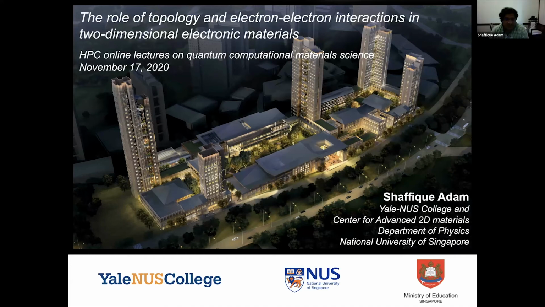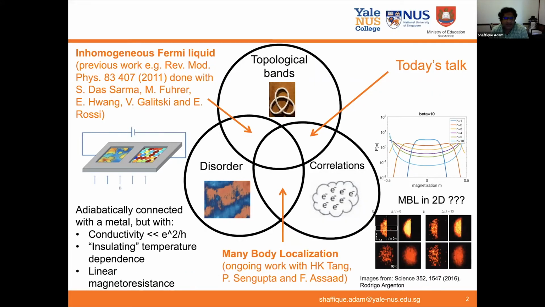I will start a little bit pedagogical, and then I will move into the kind of research areas that I'm interested in. So I thought I'd begin by telling you the kind of problems that I'm interested in studying. The kinds of things I look at are electronic properties of materials that combine topological bands where there is disorder. Disorder breaks translation invariance, so many of the techniques that people use all assume translation invariance, and that breaks down when you have disorder.